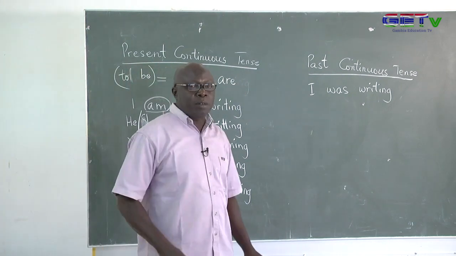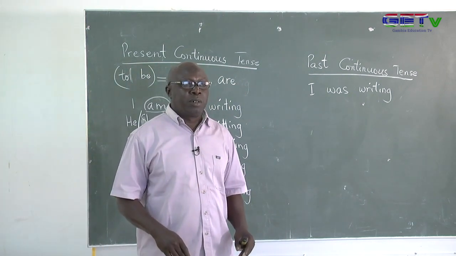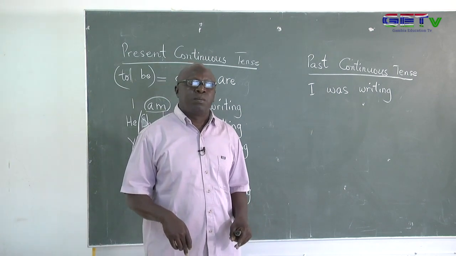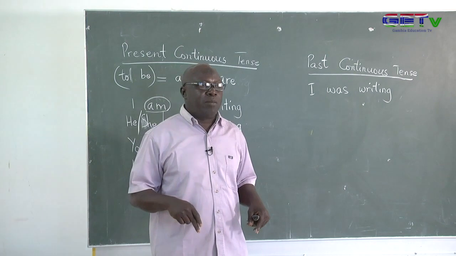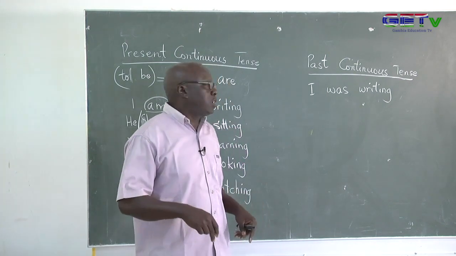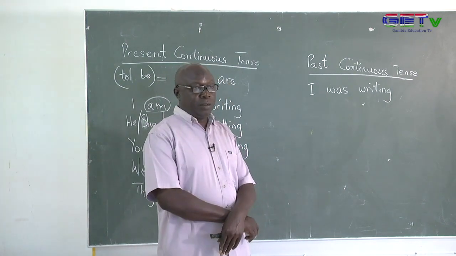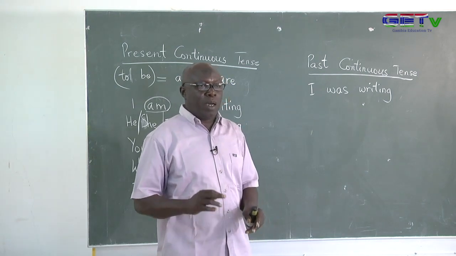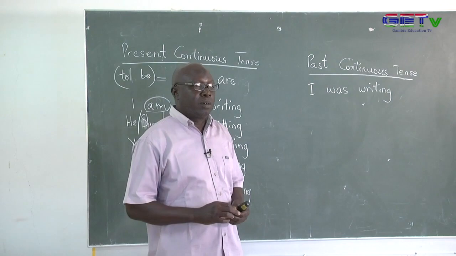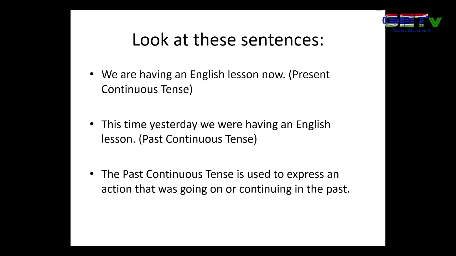I am writing on the board now. Yesterday at the same time, I was writing on the board. This time yesterday, we were having English lesson. We are having English lesson now. This time yesterday, we were having an English lesson.